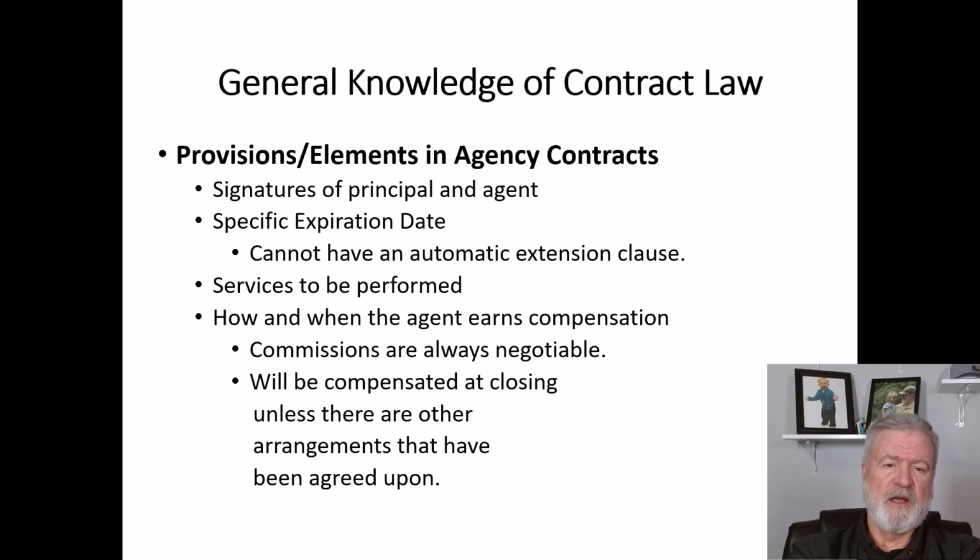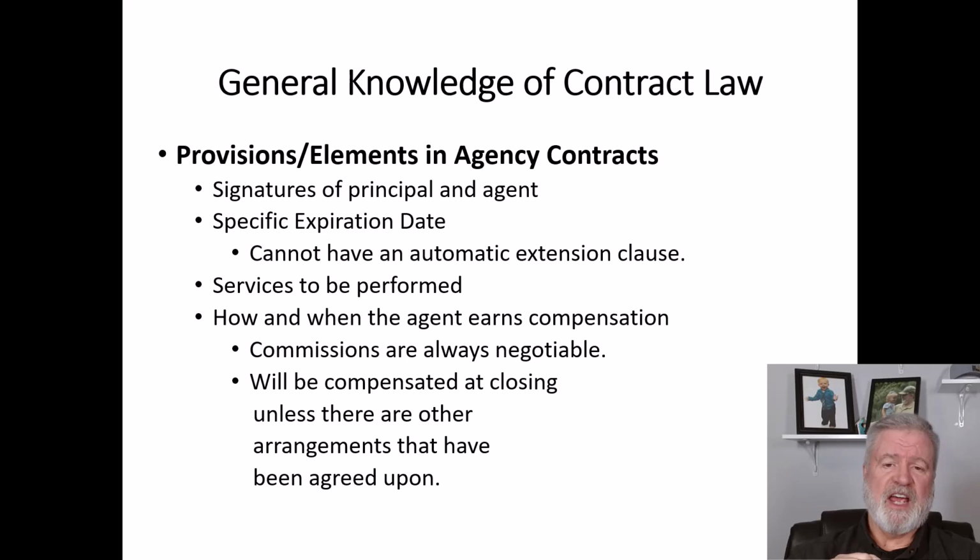Y'all, in most states, I know certainly in the state that I operate in, there are state laws that will not allow you to have an automatic extension clause. If you're not familiar with what I'm talking about, they might have a clause that says maybe they'll put an expiration date of September 15th of whatever year.